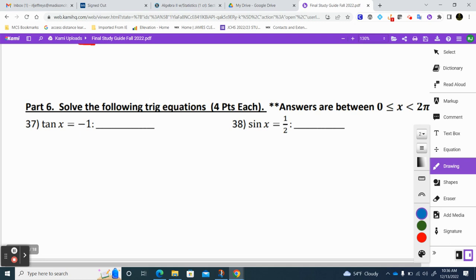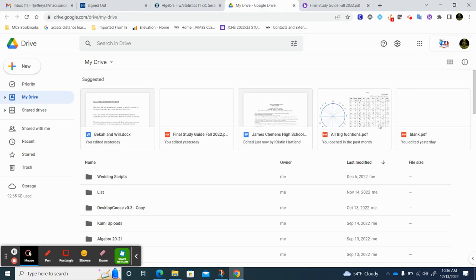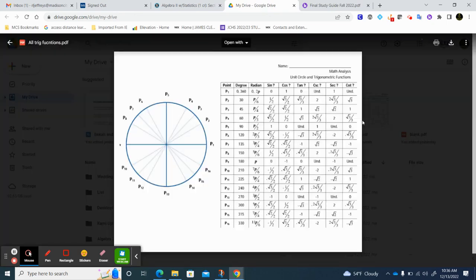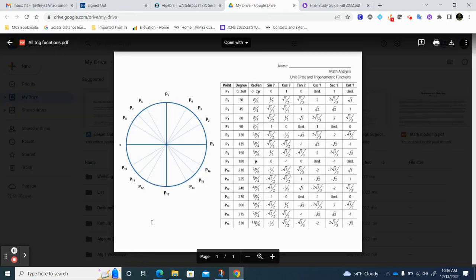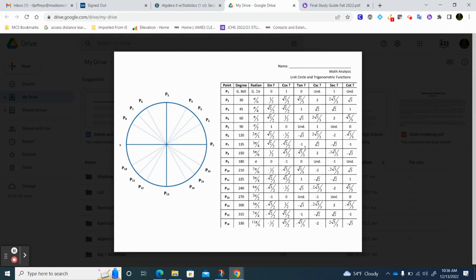What angle gives us a tangent of -1? Tangent, -1. That looks like 3 pi over 4 and 7 pi over 4. So that's my answer.